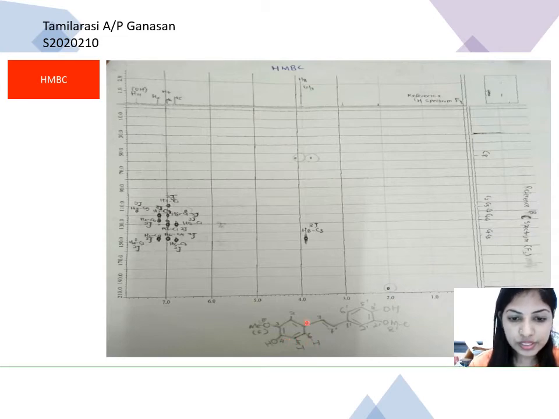H2 is here. How many bonds away? They have 3 bonds away. 1, 2, 3. So H6, how many bonds away? 1, 2.